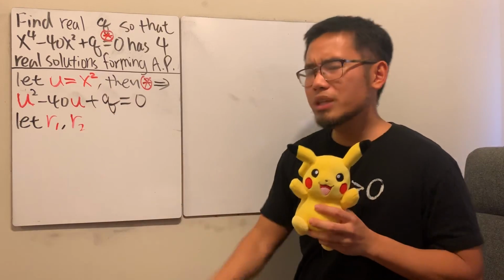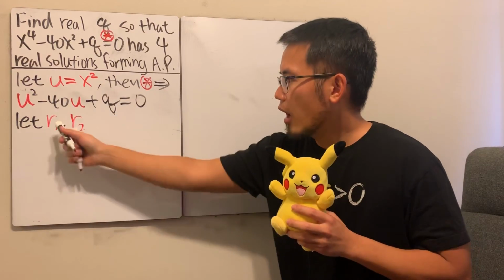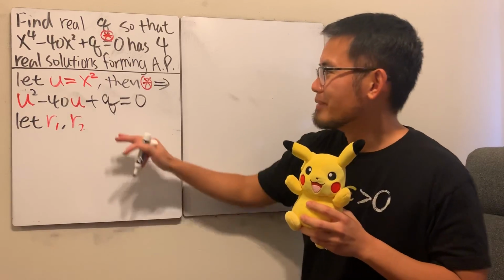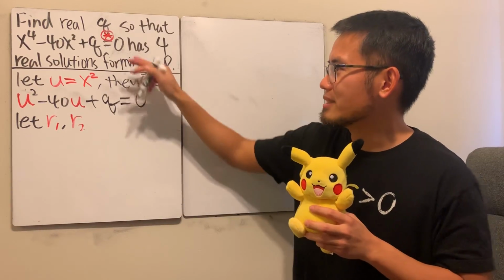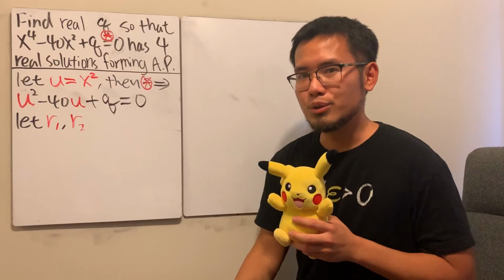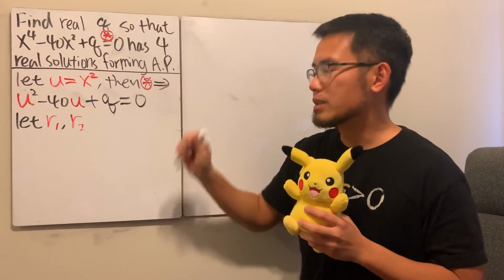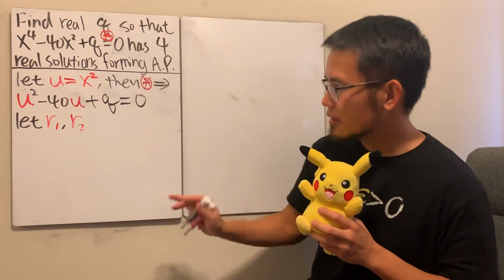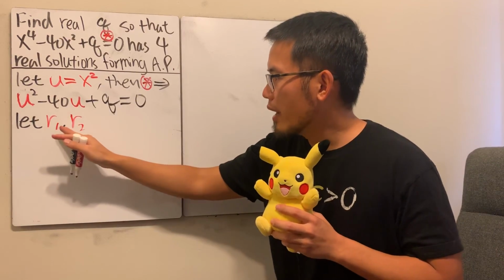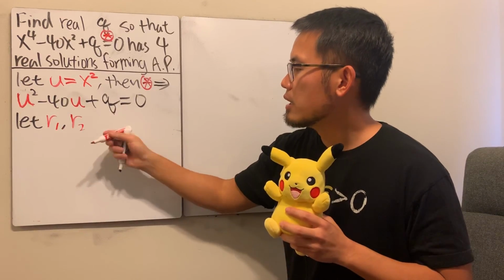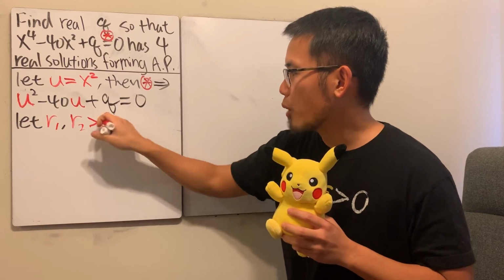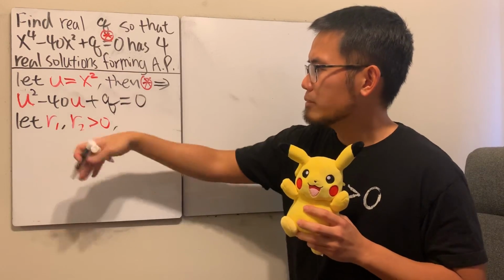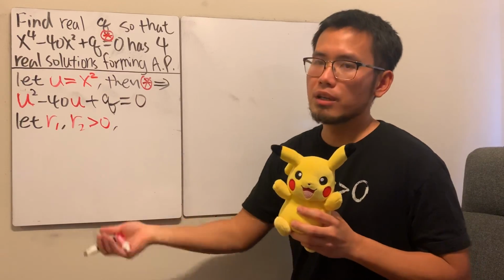And be really careful with this though. Can R1 and R2 be equal? Not so much, no, right? Because if they are equal, then the solutions of the original will be equal, and you don't really form an arithmetic progression if they are all the same number. That's not fun, right? So when we say R1 and R2 are the solutions, first we are making sure that they are both greater than 0. And I'm just going to pick one to be bigger than the other.